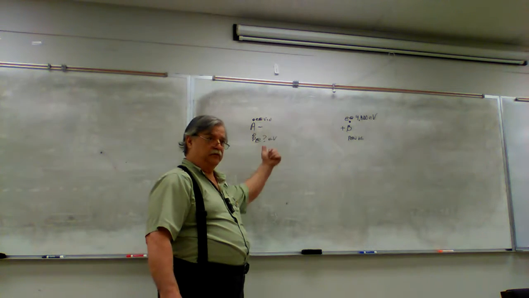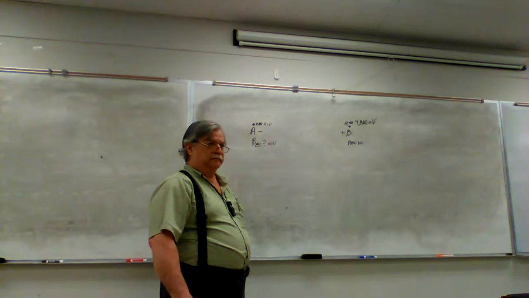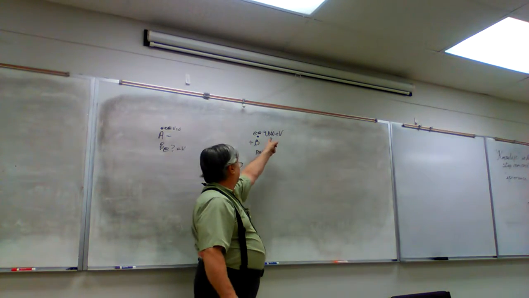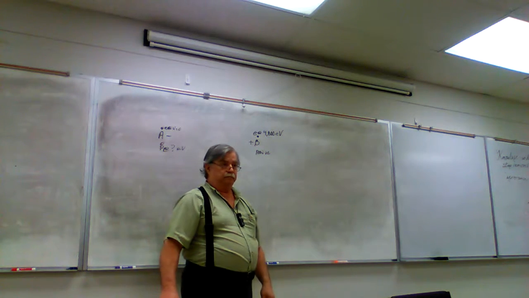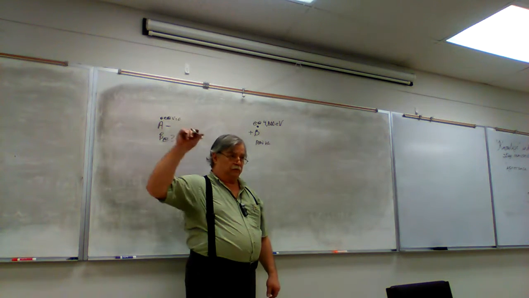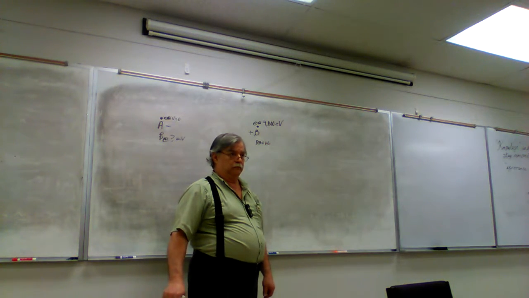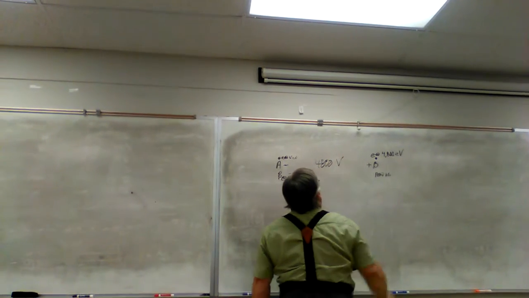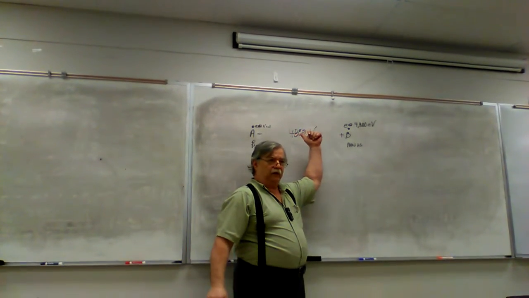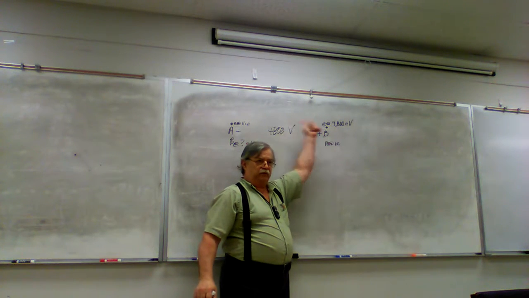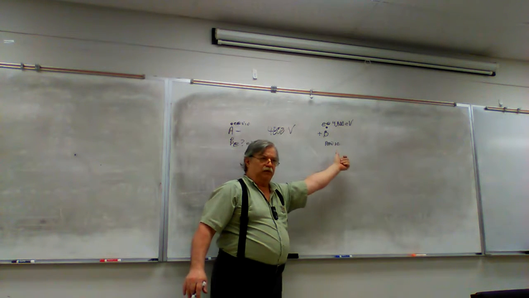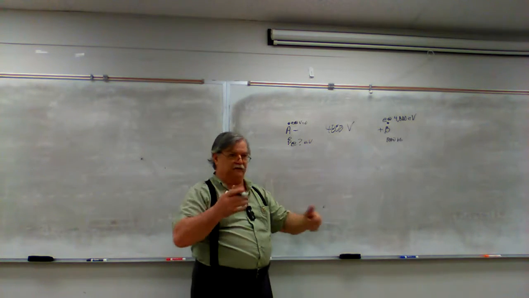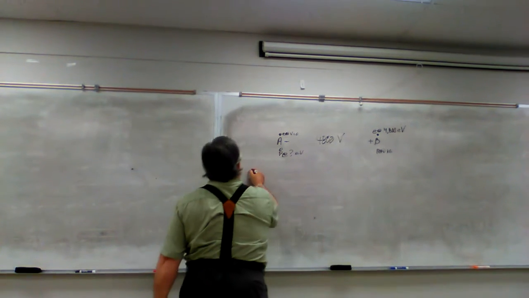Proton has positive charge, electron has a negative charge. If the electron travels through this potential and gains 4,800 eV, how much potential did it just pass through? 4,800 volts. So if an electron gets 4,800 eV going from here to here, how much will the proton acquire going the other direction? Exactly the same.